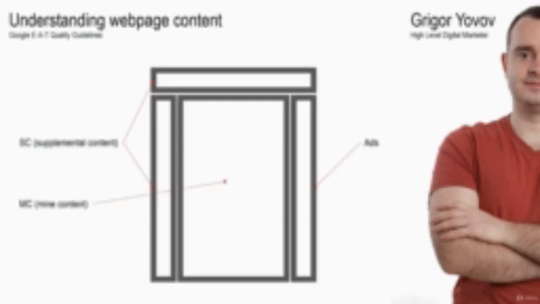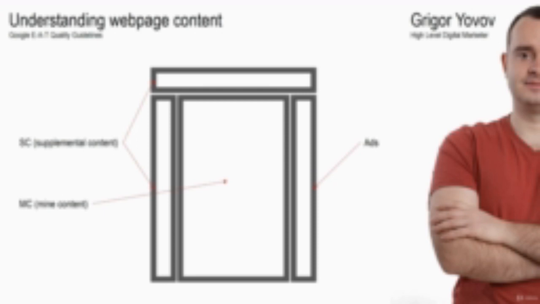Hello. The next thing that is important for SEO regarding the Google EAT quality guidelines document is the differentiation between the main content of the page, the supplemental content, and the ads. And the basic principles that are standing behind this is that these three parts of the page should support each other and should support the topic of the page.